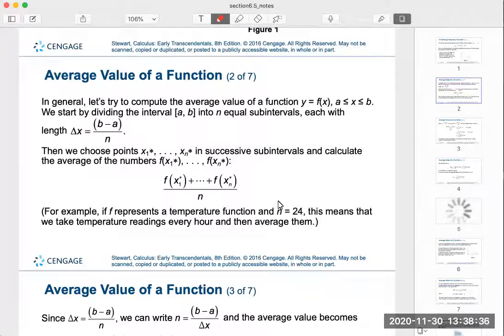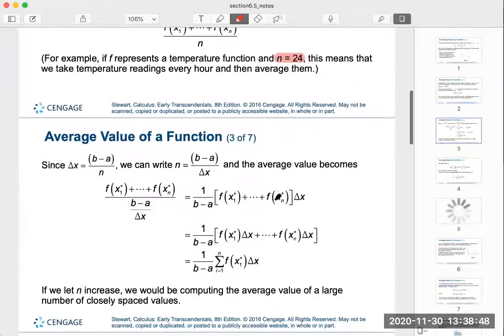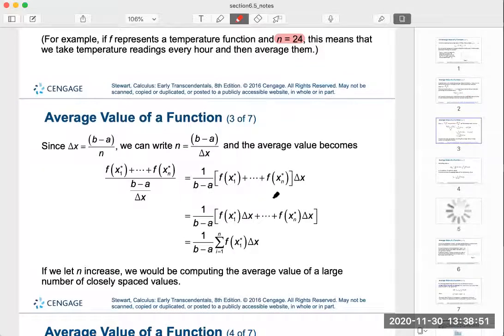So suppose the temperature is discretized into 24 rectangles. Then n will be 24. And from this relation for delta x, which we can review in section 6.1 or previous sections, delta x is b minus a over n.